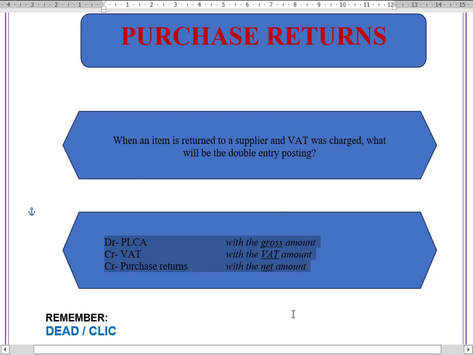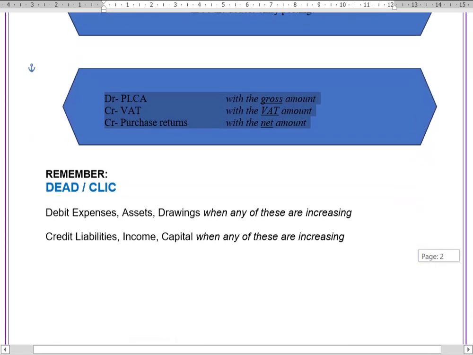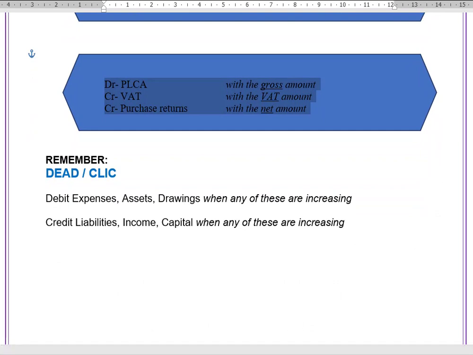It is now an income to you. Hence, you credit purchase returns with the net amount. Remember, debt click: you're debiting expenses, assets, and drawings when any of these are increasing, and you're crediting liabilities, income, and capital when any of these are increasing.